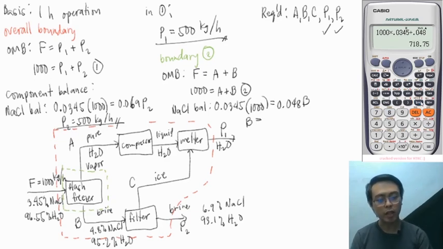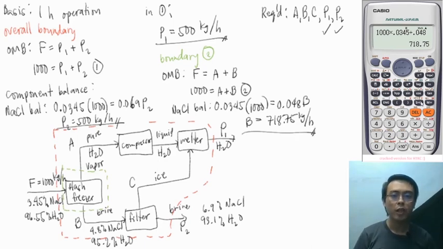B is 718.75 kilograms per hour. Okay, we're done with B.